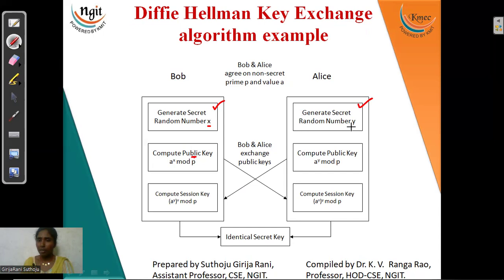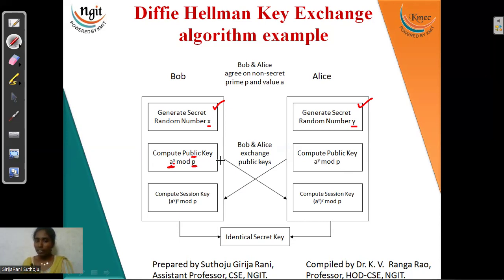X and Y are the private keys. Then compute your public key with respect to your alpha to the power of your private number. Alpha here, A, is the primitive root of P. A to the power of X is the public key. Similarly, A to the power of Y mod P.